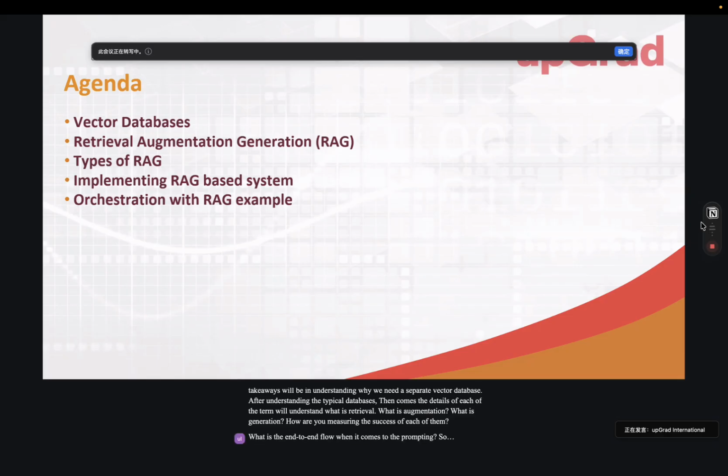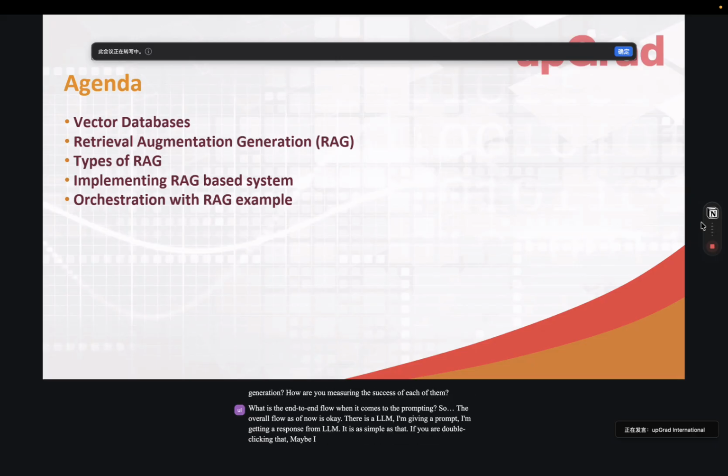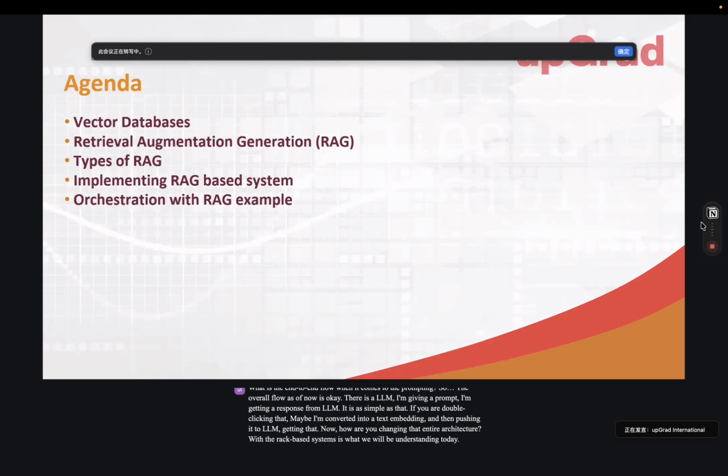The overall flow as of now is: there is an LLM, I'm giving a prompt, and I'm getting a response from the LLM. It is as simple as that. If you double click on that, maybe I'm converting it into a text embedding and then pushing it to the LLM. Now, how you change that entire architecture with RAG-based systems is what we will be understanding today.